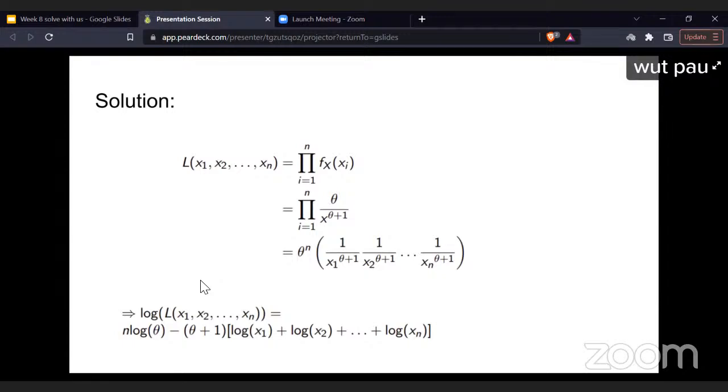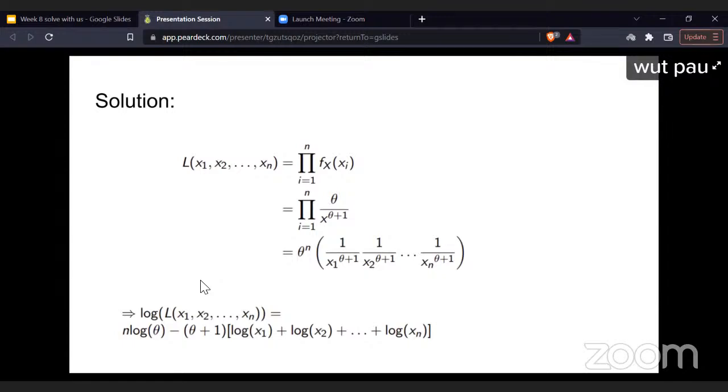Now we know that all these xi's are coming from the distribution X, and that PDF is defined by theta divided by x to the power theta plus 1. So for i varying from 1 to n, we have to take the product of this density function for all those xi's.